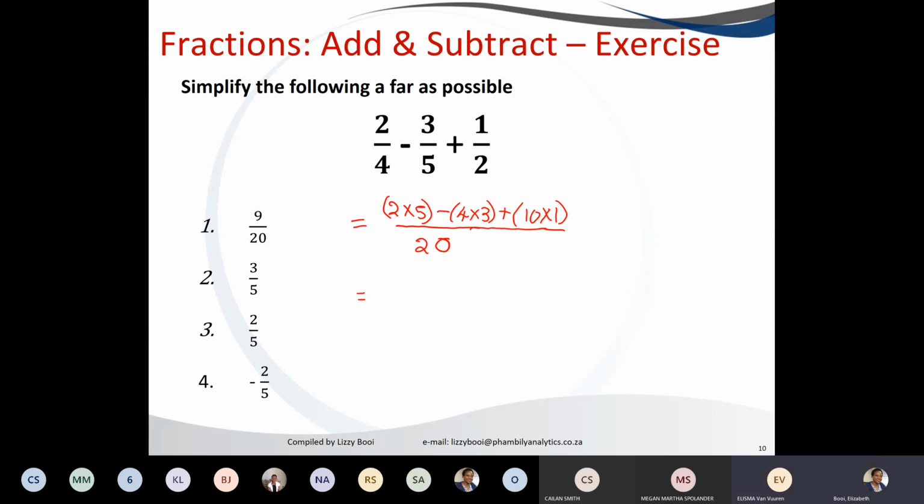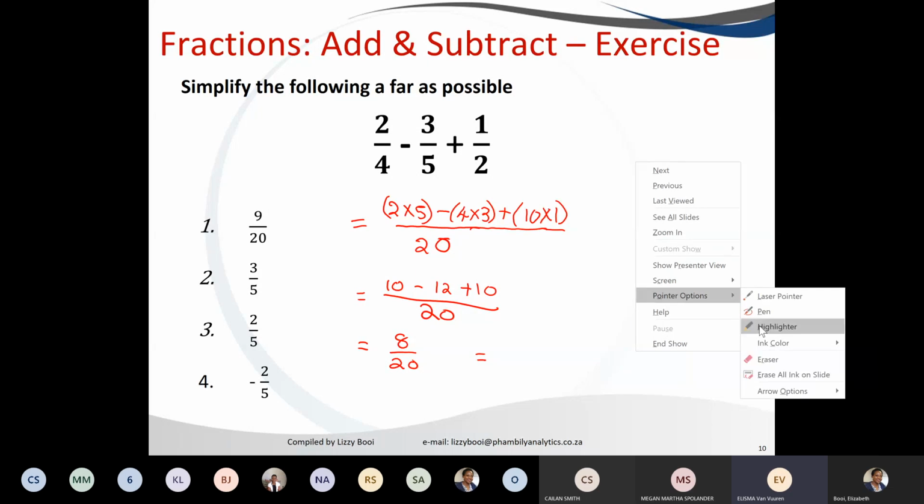Okay, so then that will give you 10 minus 12 and then plus 10 again over 20. And then that will give you 8 over 20. And you simplify it to 2 over 5 because both numbers can be divided by 4.